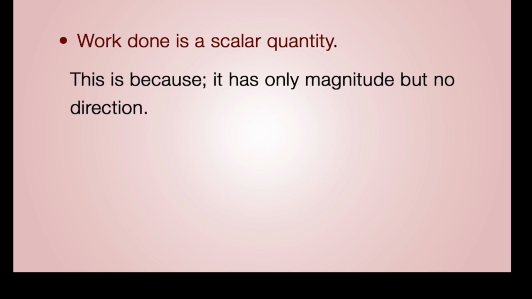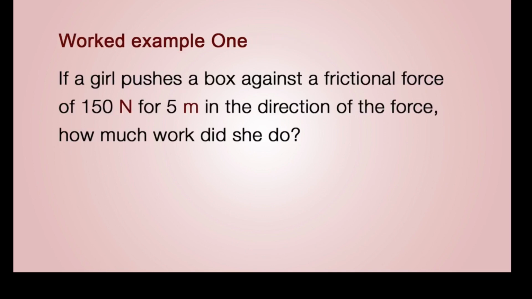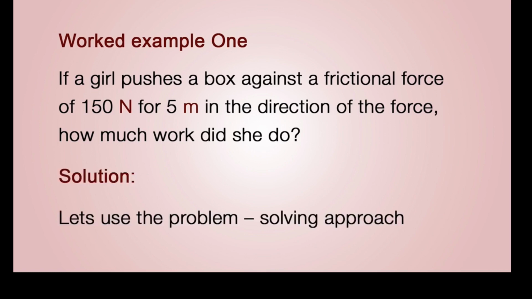Let us consider some worked examples. If a girl pushes a box against a frictional force of 150 newtons for 5 meters in the direction of the force, how much work did she do? Solution. Now let's use the problem-solving approach or strategy.